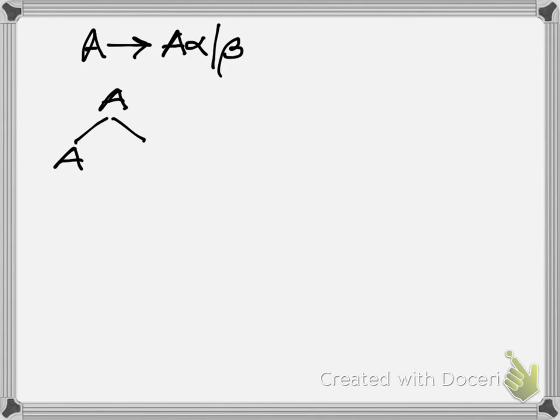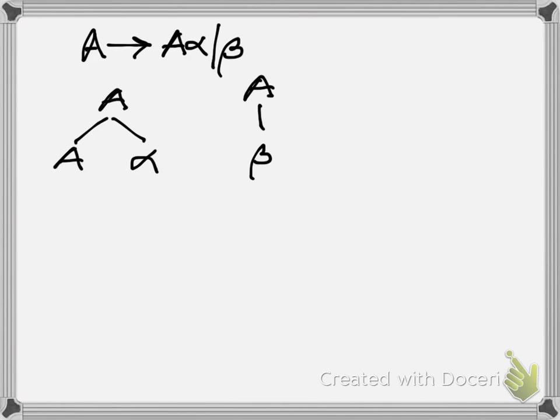Let us see this. Let us assume I have a production like this, A derives A alpha or beta. Let us see what language is generated by this grammar. I may choose A derives A alpha, or I may have A derives directly beta.